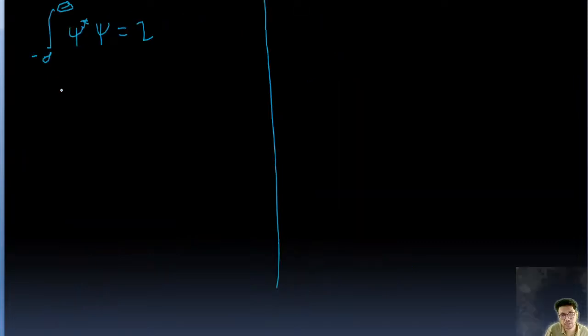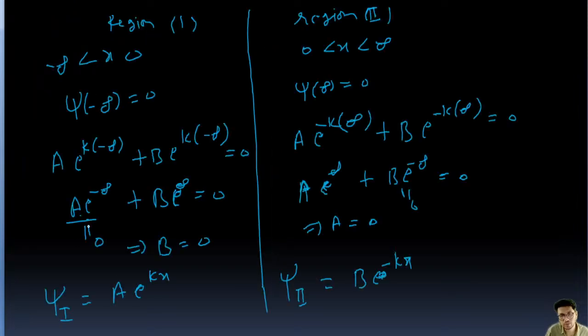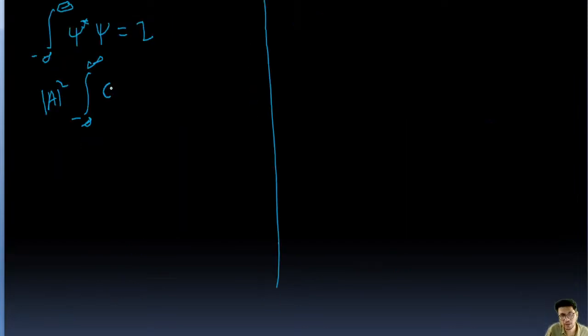So it is going to be mod a square, integral from minus infinity to 0 of e to the power kx into e to the power kx, which is e to the power 2kx dx equal to 1.